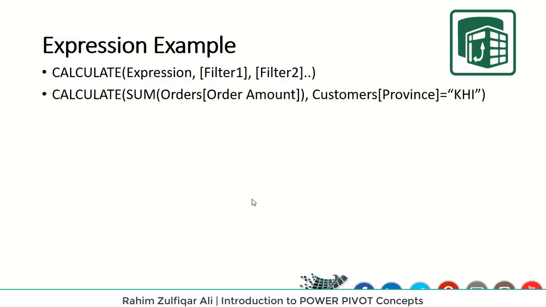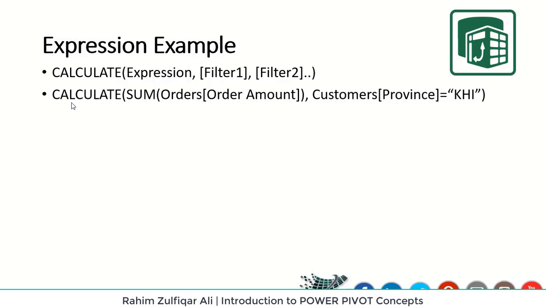To primarily understand what CALCULATE is about, you can compare it with COUNTIFS and SUMIFS. In CALCULATE, the first argument is the expression, that is, what kind of aggregation you want: average, sum, count, min, max. After that, you will see another function argument, which is filters. Here we can put different DAX functions as well to make it more advanced.